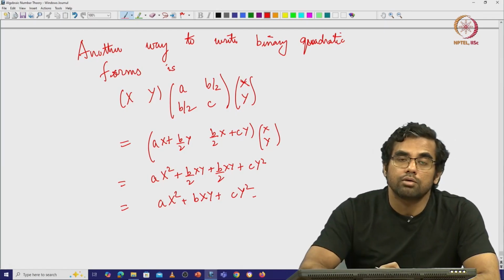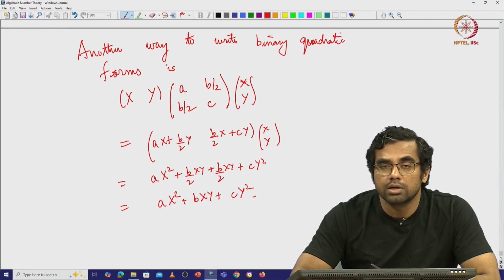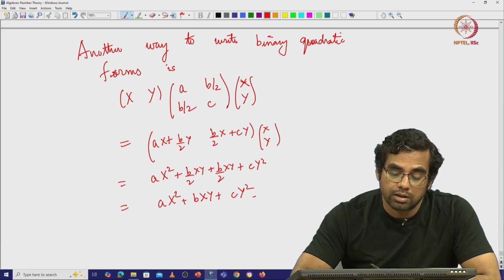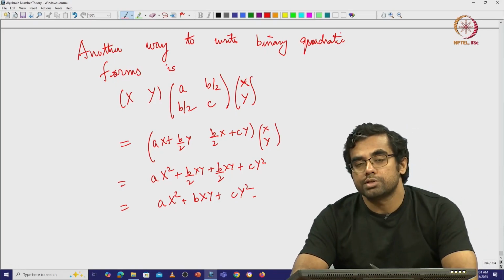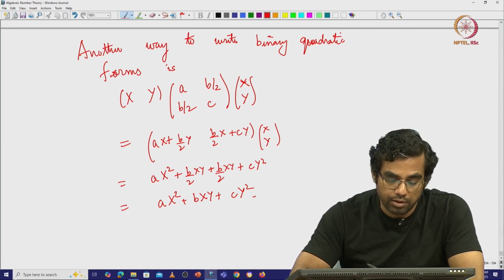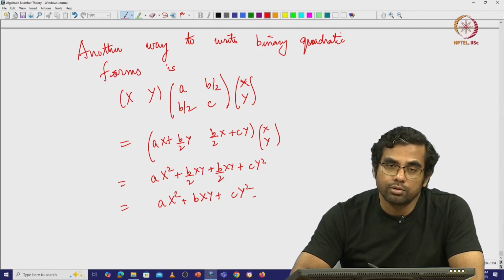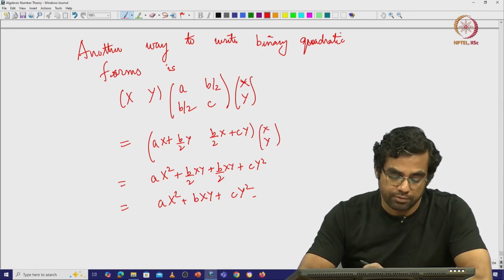So you can think of these symmetric 2 by 2 matrices with coefficients in half of Z, at least the non-diagonal coefficients in half of Z, as binary quadratic forms also. The advantage of looking at it this way is the following.